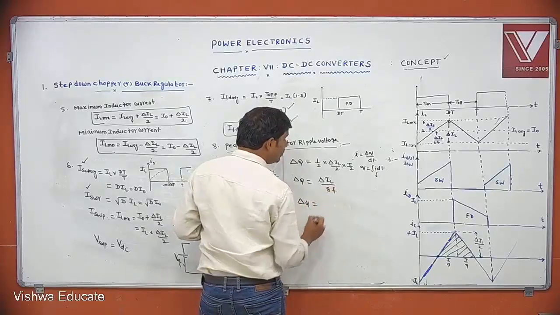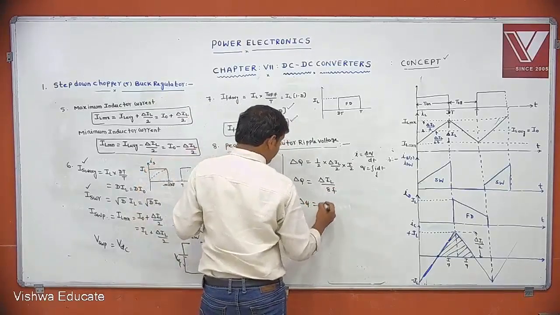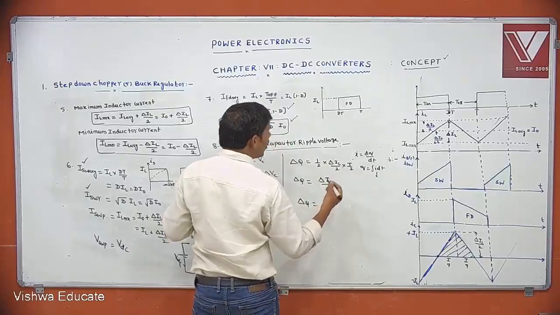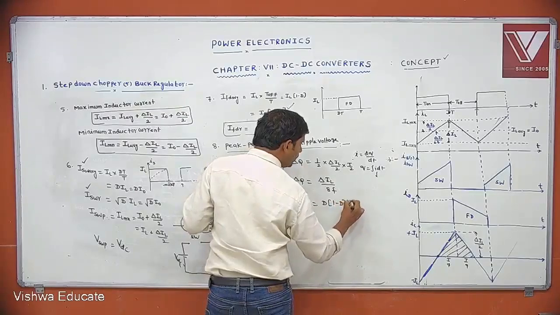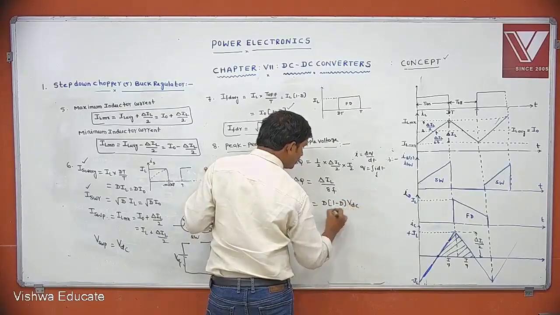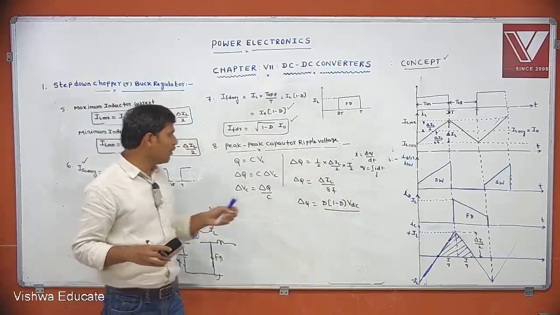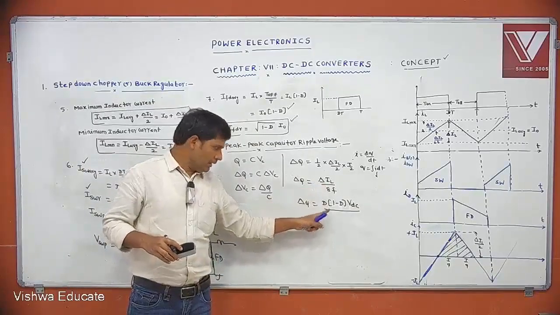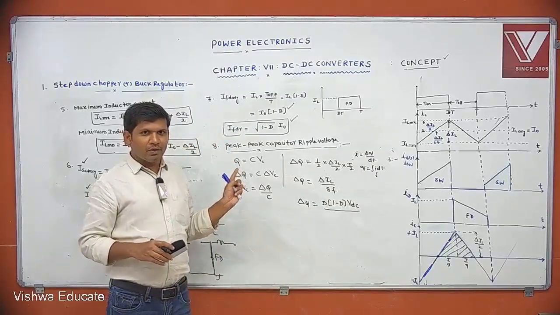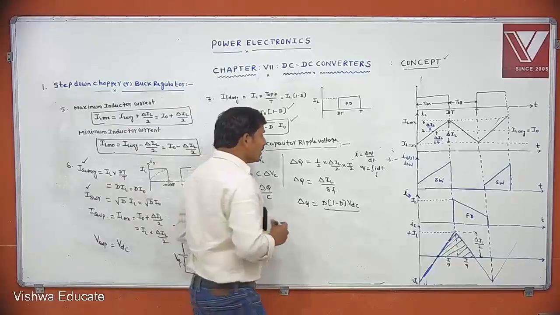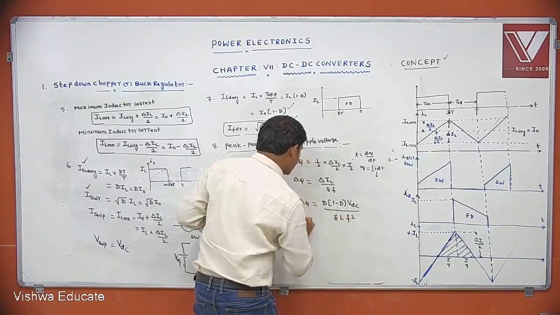Delta IL you calculated already: D into 1 minus D into VDC by FL. So delta Q is D into 1 minus D into VDC by 8 LF square.